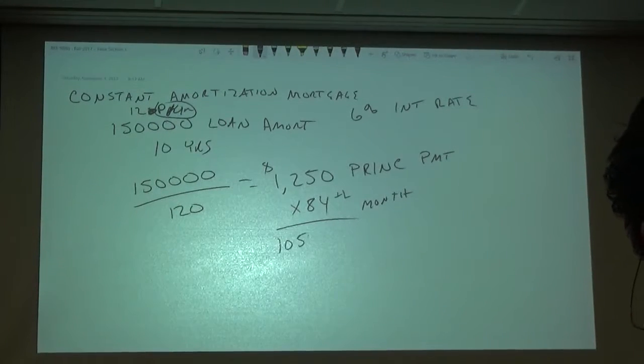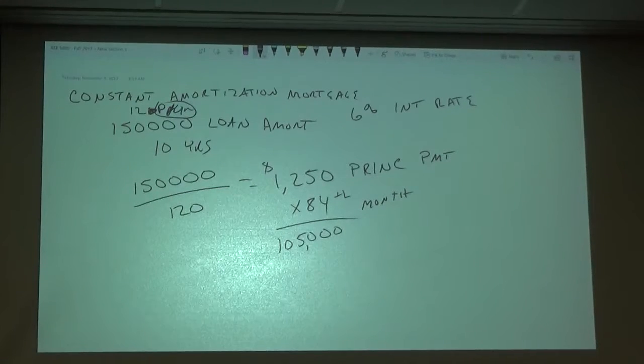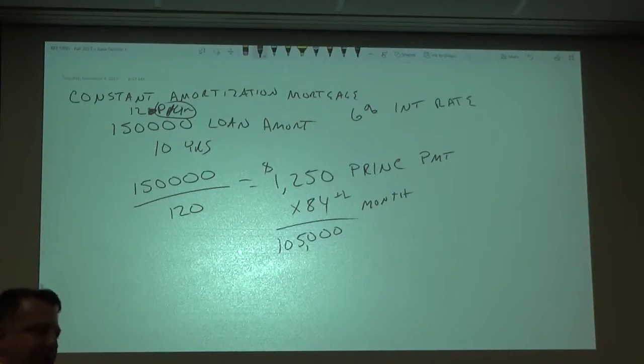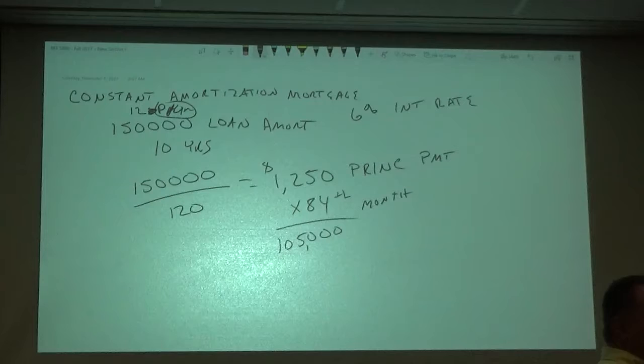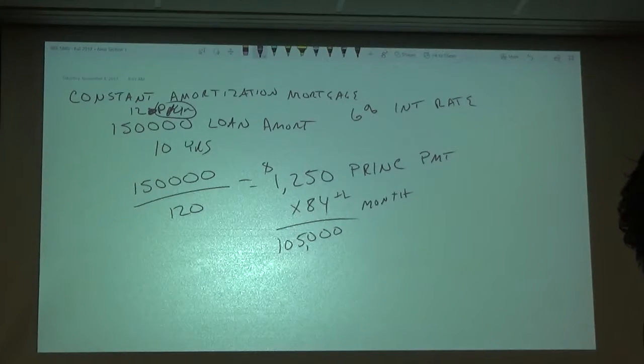We're going to get 105,000. Okay? So what does that mean? What does $105,000 represent? That's the principal payment. No, that is the principal that has been paid up to that point. Not what is still owed.